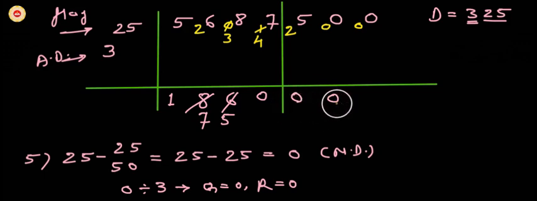So we are going to get net dividend 0. And if you divide net dividend 0 by the actual divisor 3, definitely you are going to get quotient 0 and remainder 0. So no point in dividing further.